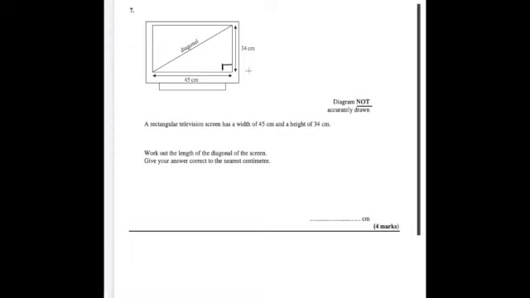So you've got to realise that because it says rectangular television screen, you know there's a right angle there, so you're able to use Pythagoras' theorem. So a squared plus b squared equals c squared.